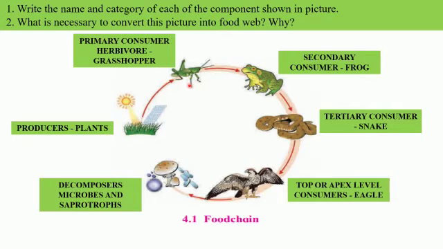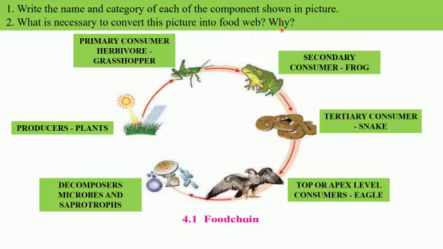All these are primary consumers which are directly dependent upon producers. Similarly, we can have a number of other animals as secondary or tertiary or the top or apex level consumers. So by increasing the number of animals at every level, we can convert a food chain into a food web.